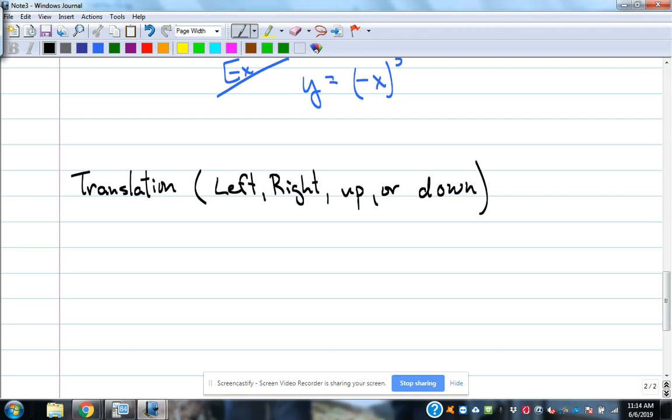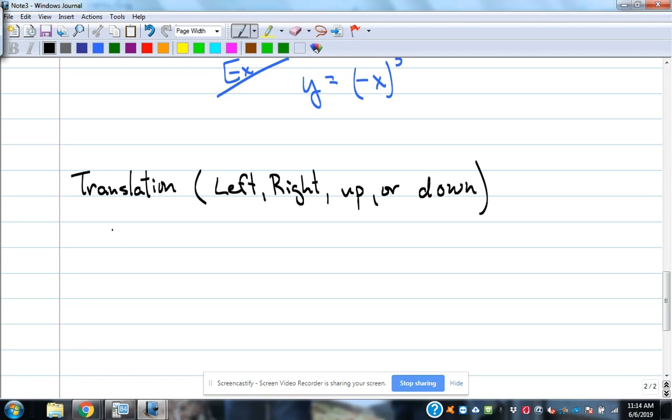That's what a translation does. It's shifting it left, right, up, or down. So you're just taking the picture, picking it up, and moving it whichever way the equation shows. Again, the idea is vertical things happen on the outside, horizontal things happen on the inside.